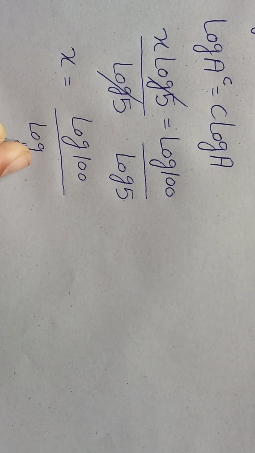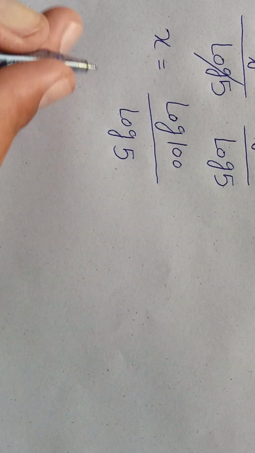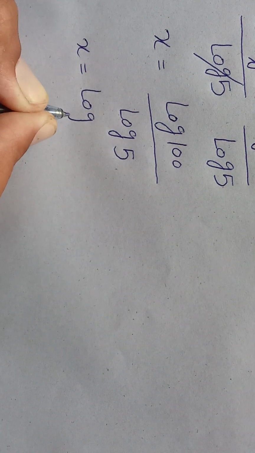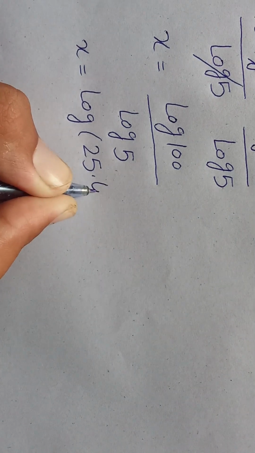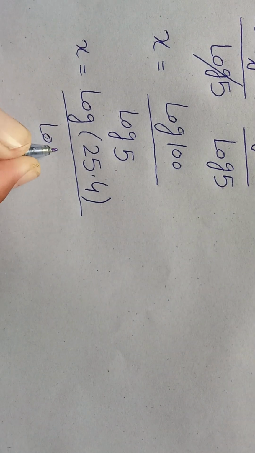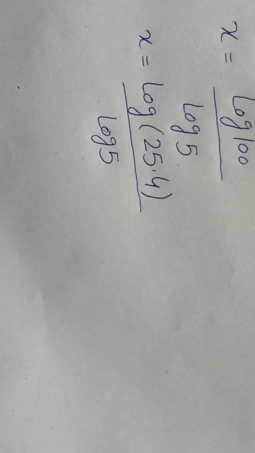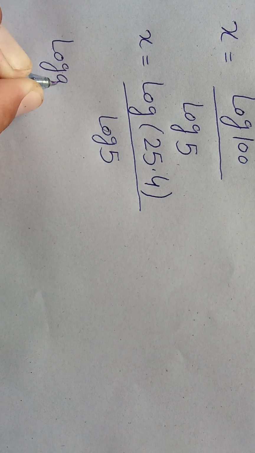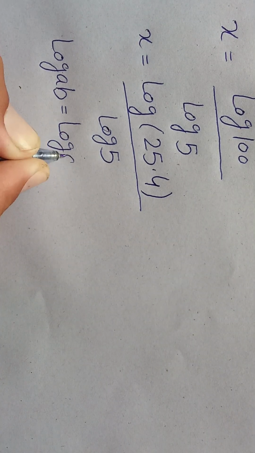Now in the next step we can write it as x is equal to log 100 can be written as log 25 times 4 divided by log 5. Now we know one rule, which is log a times b is equal to log a plus log b.